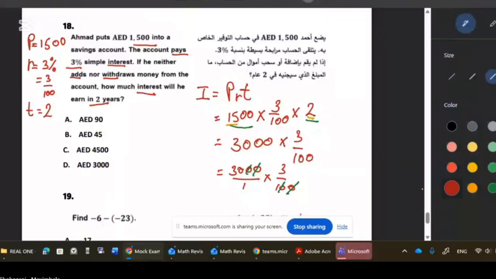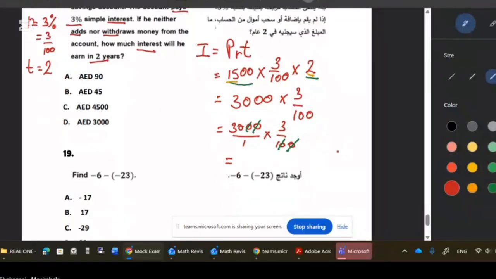Now what is 30 multiplied by 3? 90. Yes. Now we can see we have 3 multiplied by 3, which is 9. So now we have 90.